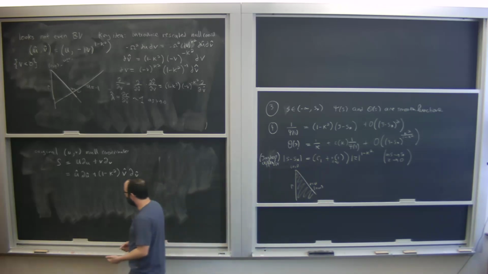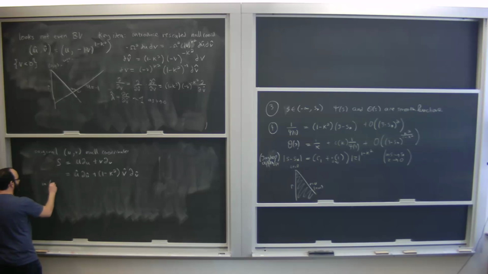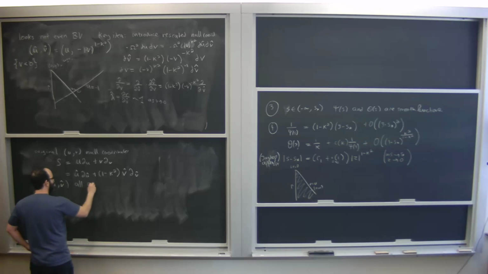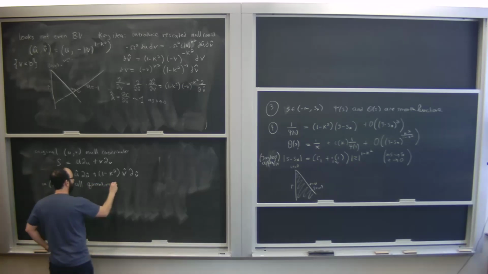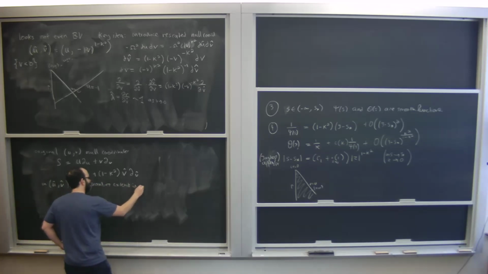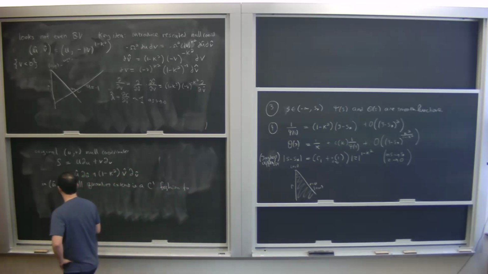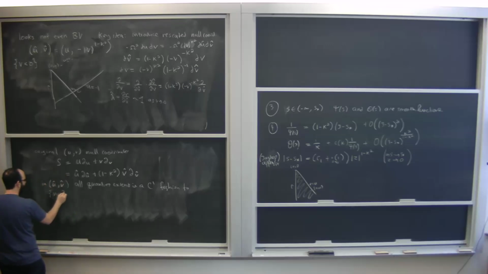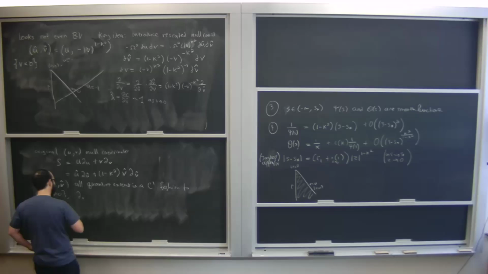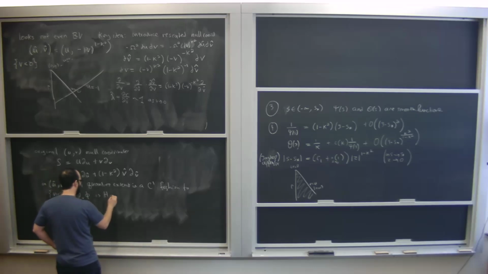In general, what you conclude is that in these coordinates, all quantities extend in a C1 fashion to v equals 0. And in general, dv of the scalar field will be Holder continuous.